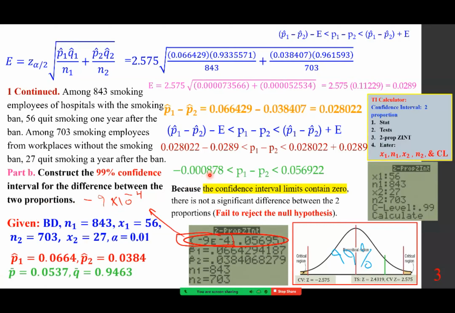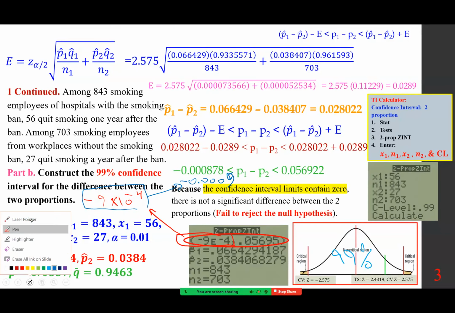If I stop here, I have to change it to 9, and it becomes identical to this number. So this number is equal to minus 0.0009. Okay, it's using scientific notation, everybody. Scientific notation.